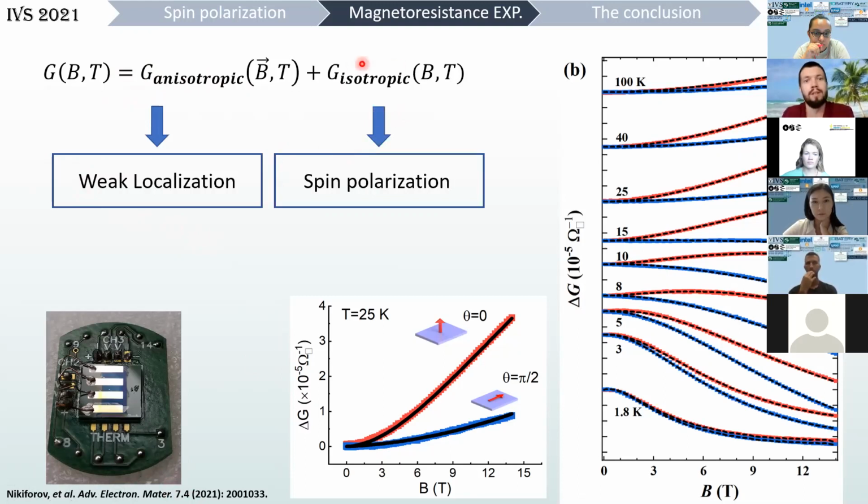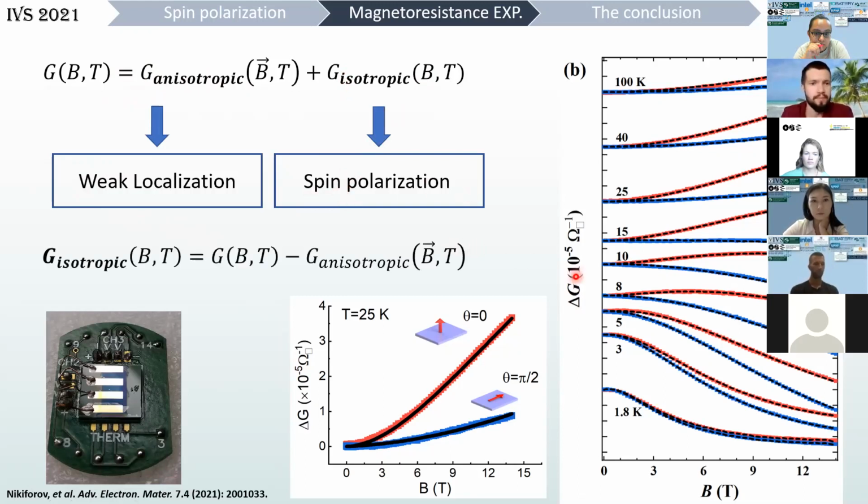And the second one is explained by the spin polarization effect. First we fit the anisotropic component with the weak localization, and then we subtract it from the experimental data. In the next slide, I will show you the isotropic magnetoconductance only.